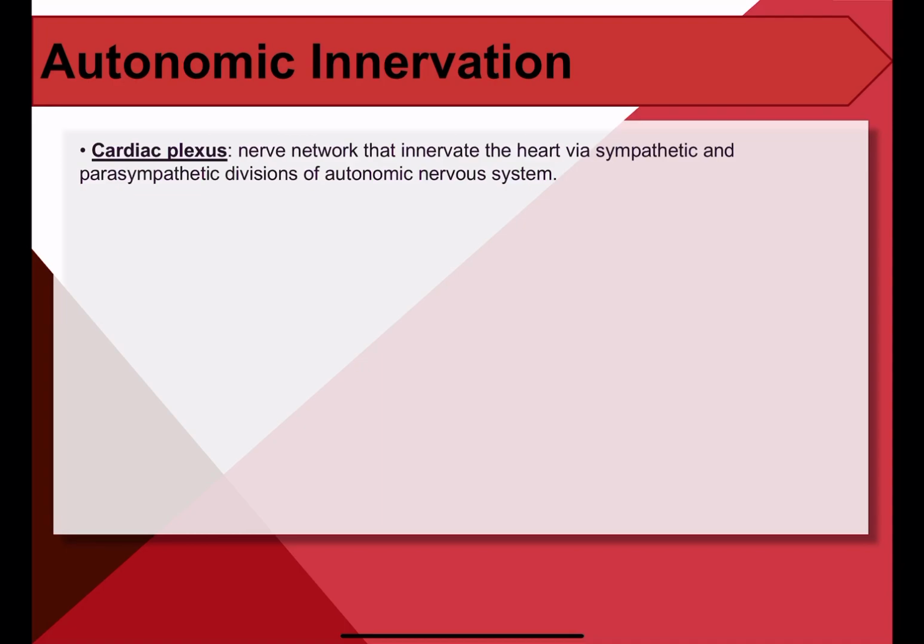So here's one application of the autonomic nervous system for the heart. Remember, we talked about there's different plexuses of the autonomic nervous system. The cardiac plexus specifically is the network of nerves that innervate the heart using sympathetic and parasympathetic divisions of the autonomic nervous system.